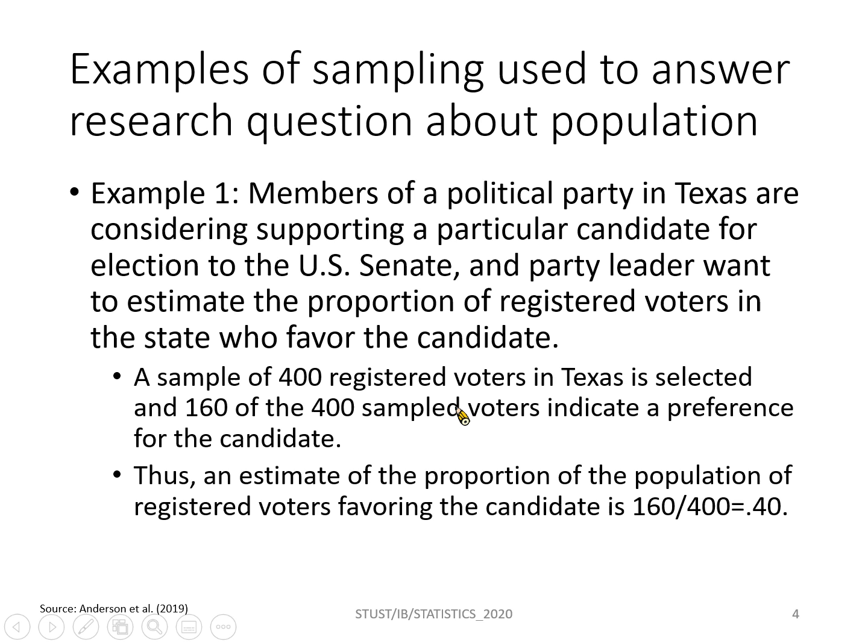From our sample of 400, we know 160 persons are in favor of the candidate the political party recommended. So the proportion is about 0.40. They can use such a result to indicate that they may win 40% support from this state.